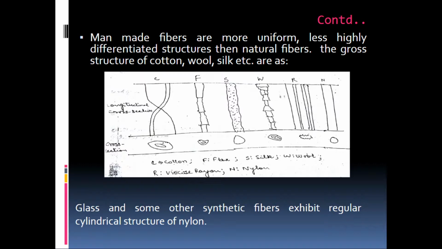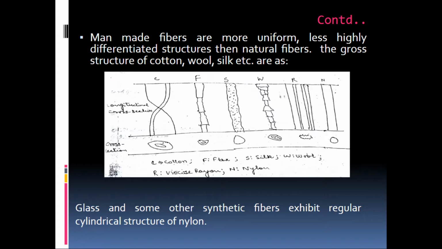So that's why rayon and nylon have very high strength in comparison to cotton, because cotton is amorphous in nature. And here are some glass and other synthetic fibers that exhibit the regular cylindrical structure of nylon.